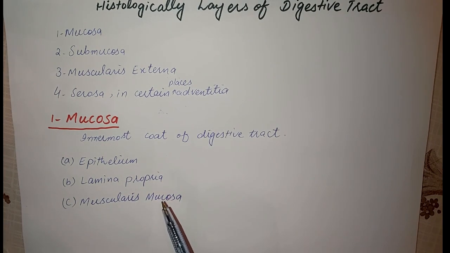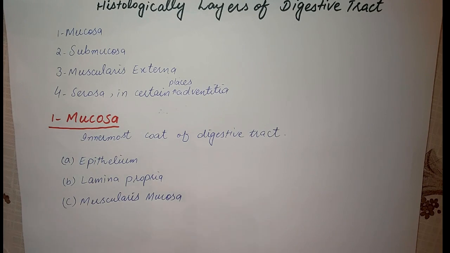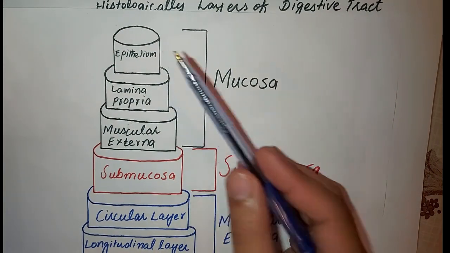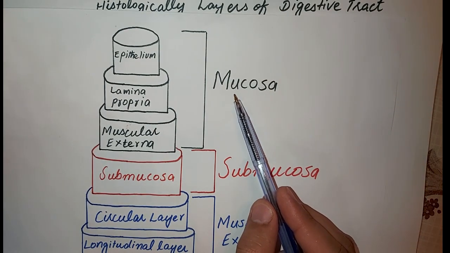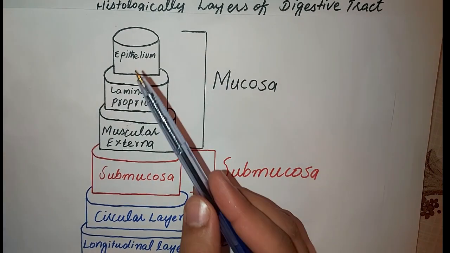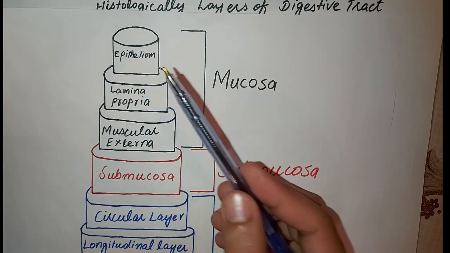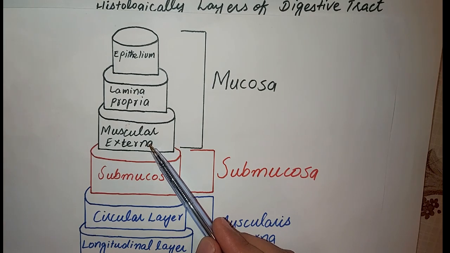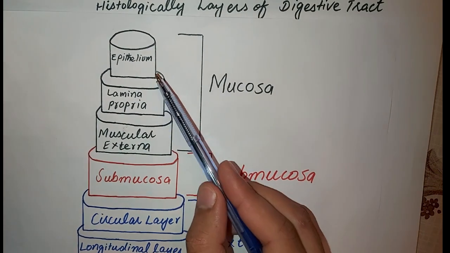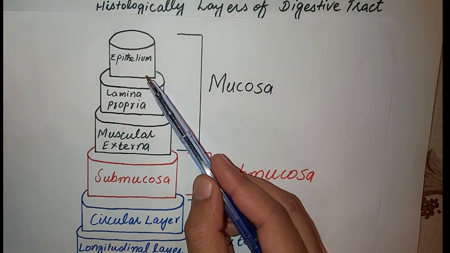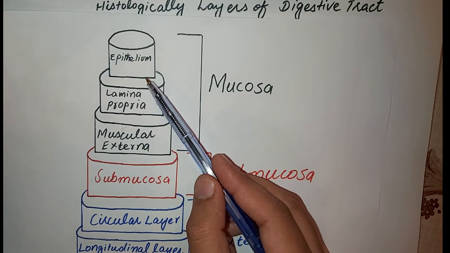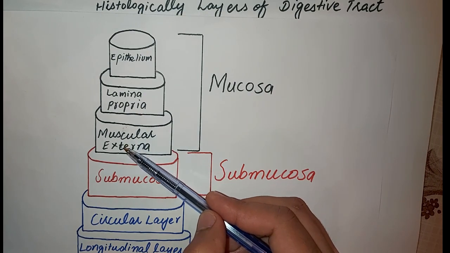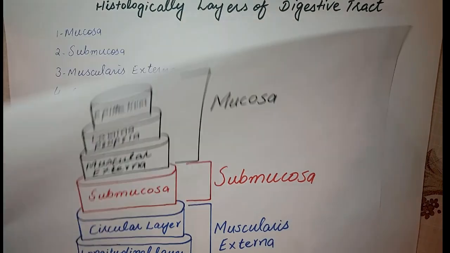The first major layer is mucosa, subdivided into epithelium, lamina propria, and muscularis mucosa. Now we will briefly and generally discuss the epithelium, then lamina propria, and then muscularis mucosa.